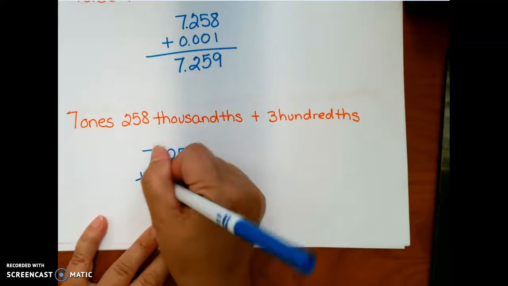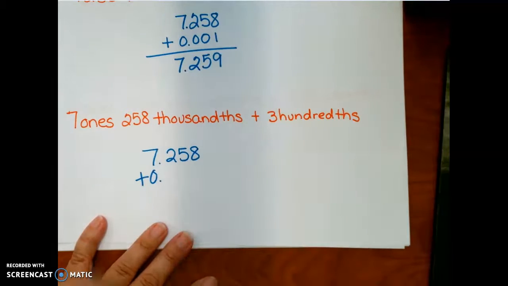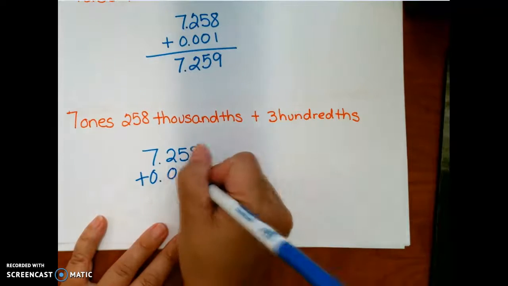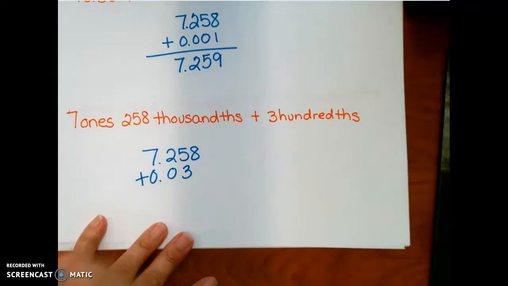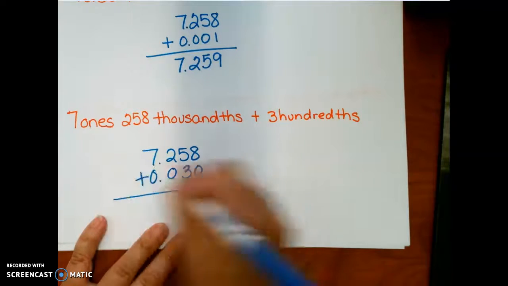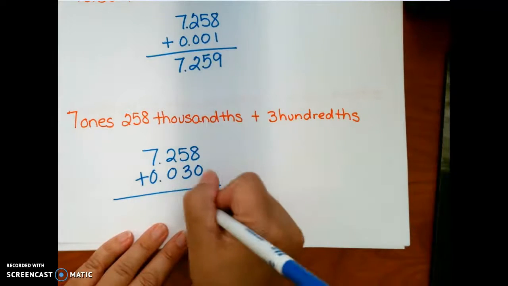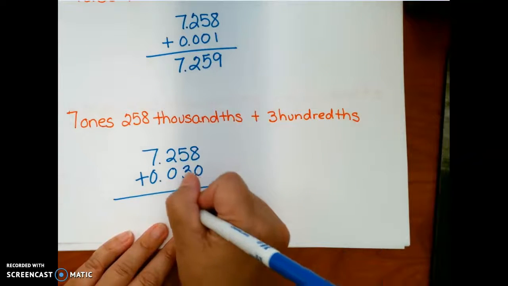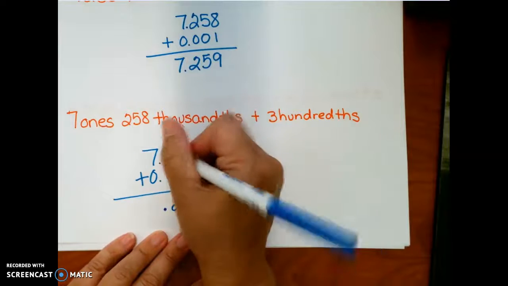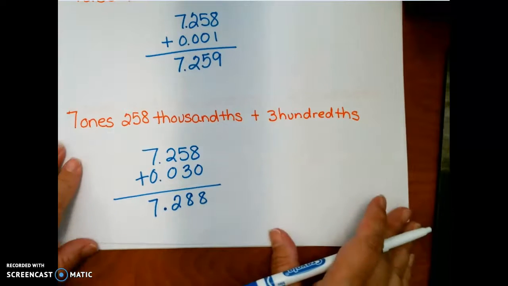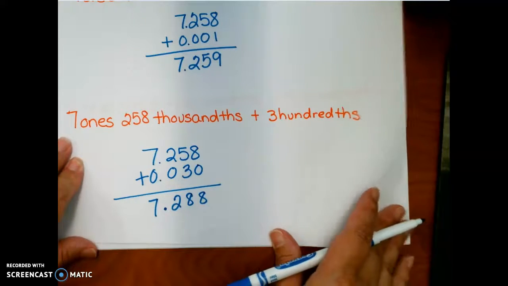No. Then I put my decimal point. Do I have any tenths? No. Do I have hundredths? Yes. Do I have thousandths? No. So, now I can add. 8 plus 0 is 8. 5 plus 3 is 8. 2 plus 0 is 2. Put my decimal point in. 7 plus 0 is 7. So 7 ones, 258 thousandths plus 3 hundredths equals 7 and 288 thousandths.